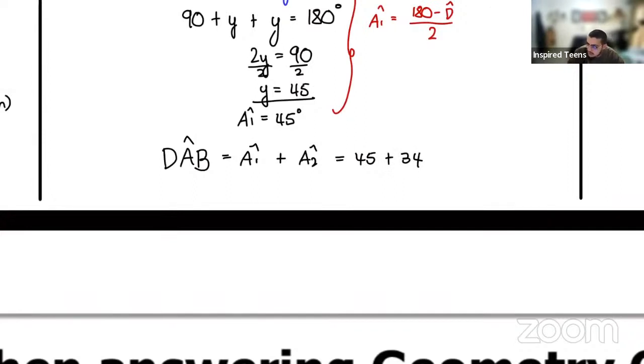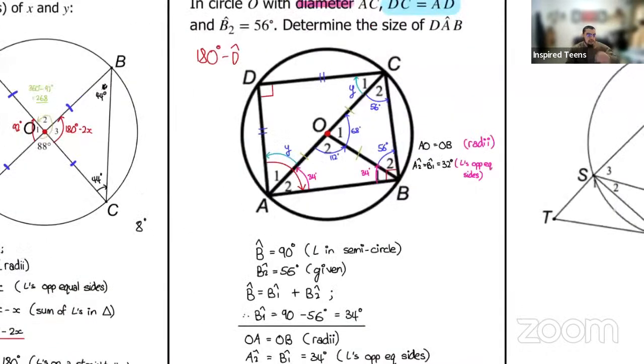So the answer is 79. The answer is 79. A simple diagram, that's the amount of different theorems that we can use.